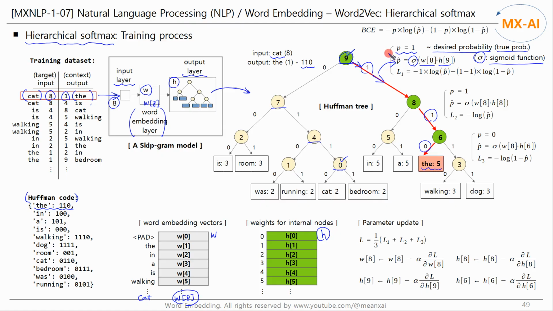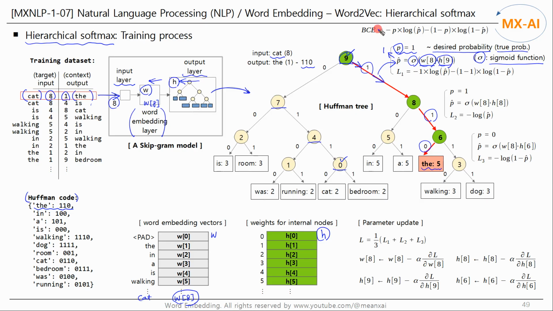The closer this value is to 1, which is the true probability P, the better. To achieve this, we need to update W8 and H9 via backpropagation. This is the core idea of hierarchical softmax.